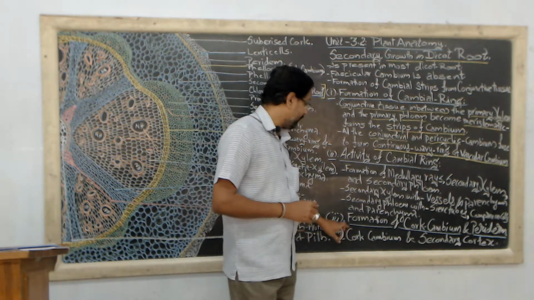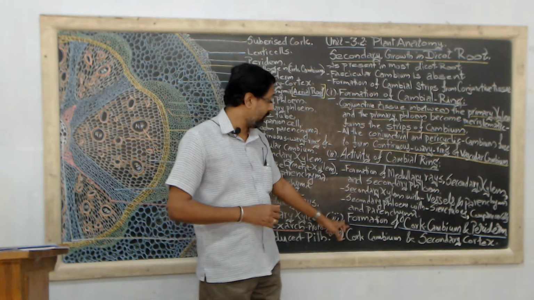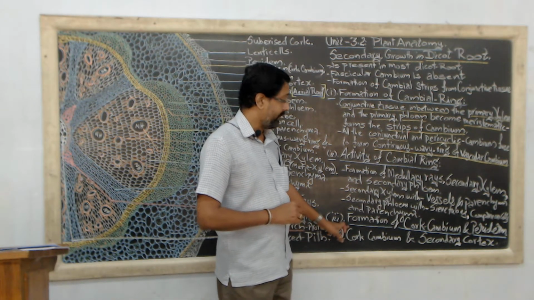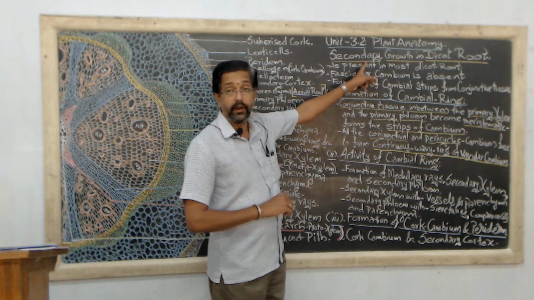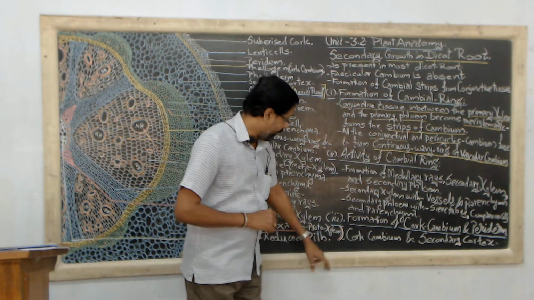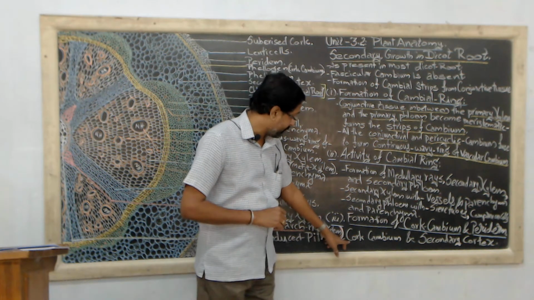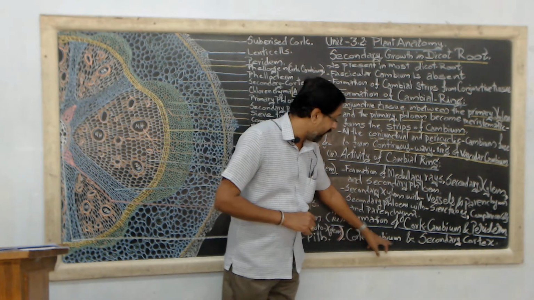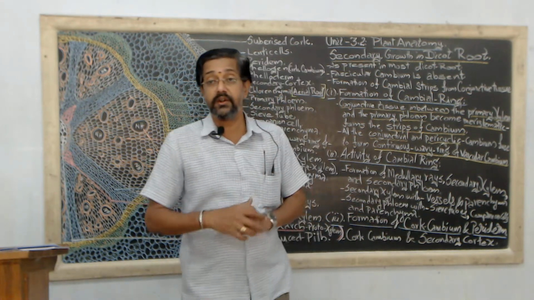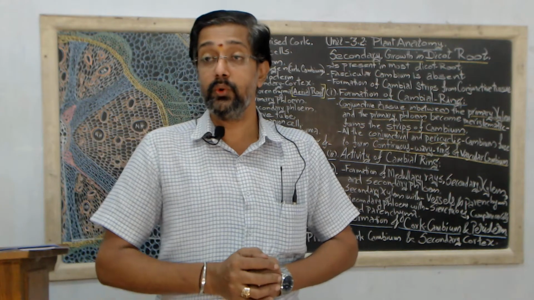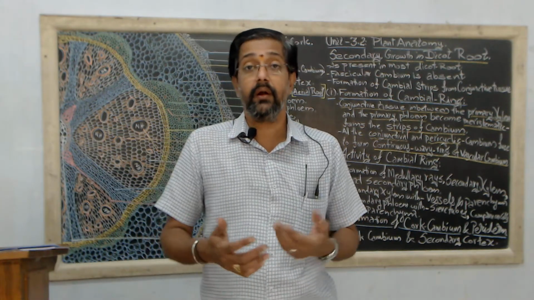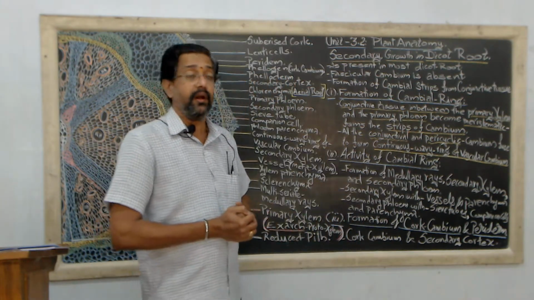It is the third process, the formation of both cork cambium and periderm and also the lenticels during secondary growth in the dicot root. In this process the cork cambium and the secondary cortex are derived in the extrastelar zone, the outer or peripheral region of the root system in the dicot root.